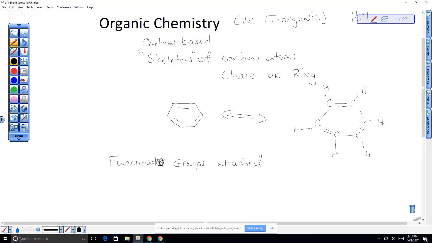So for example, we could have an amine group. So we could have nitrogen attached with 2 hydrogen. So this is called an amine group. Right? So this nitrogen could lose a hydrogen and become a little positive, and that would be an example of what happens with amino acids. So amine groups are found in amino acids. So amino acids have an amine group on them.